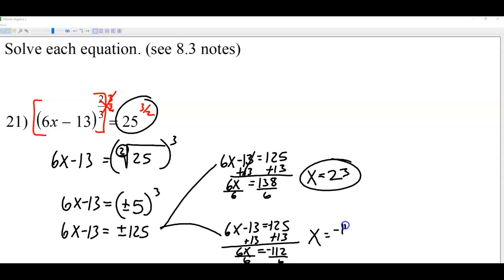I don't think that one goes in evenly, but we can reduce it. And there we go. All right.